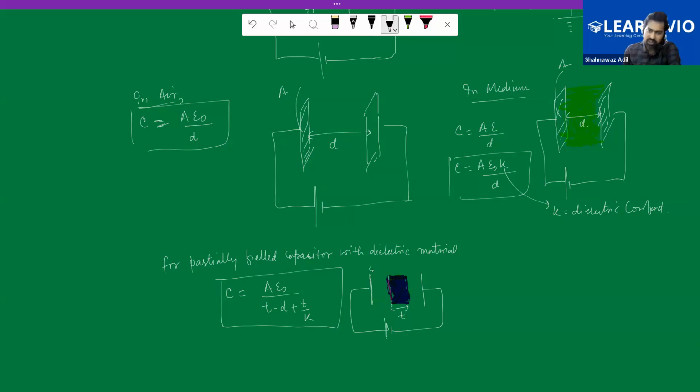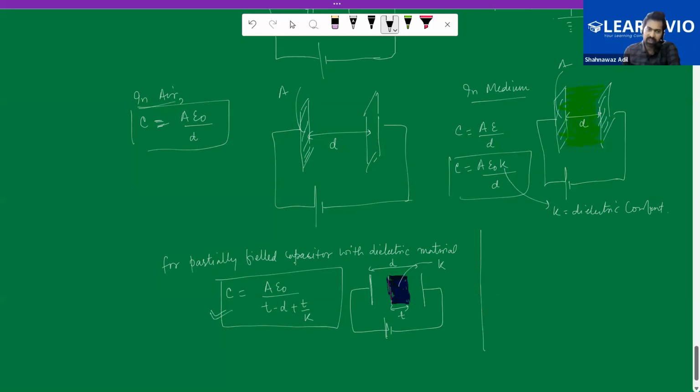So this is the thickness and this is the distance between the plates. And this has a dielectric constant K. So this would be the capacitance, right?